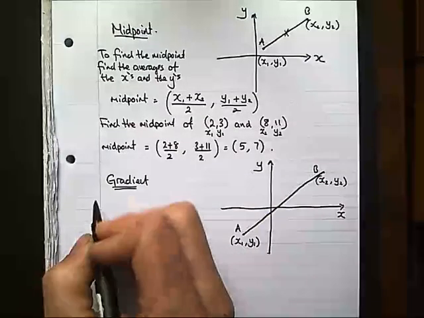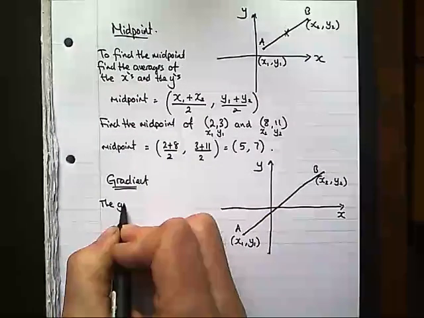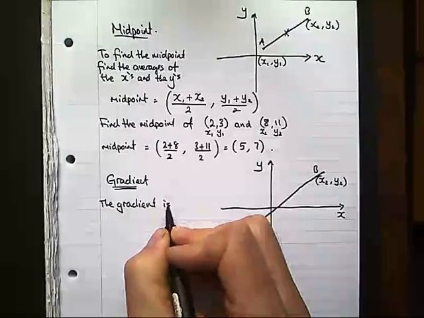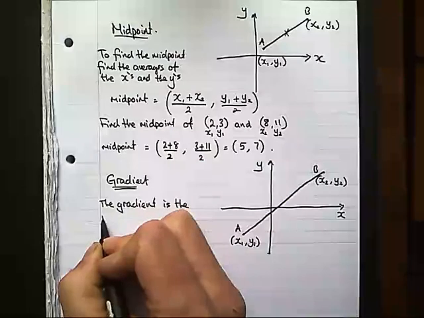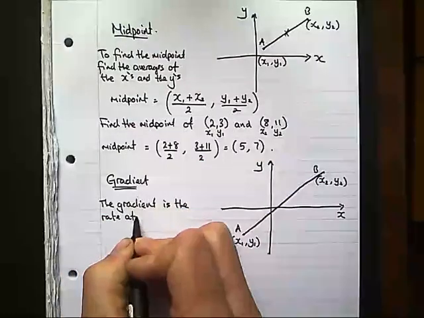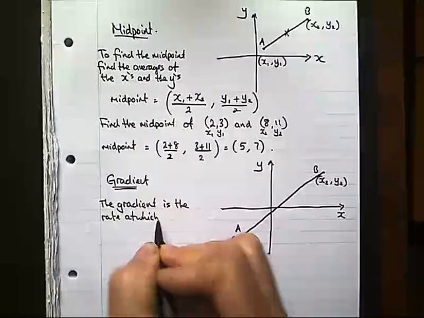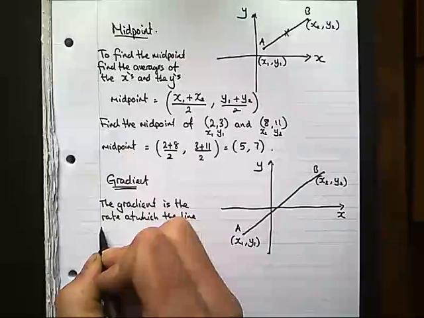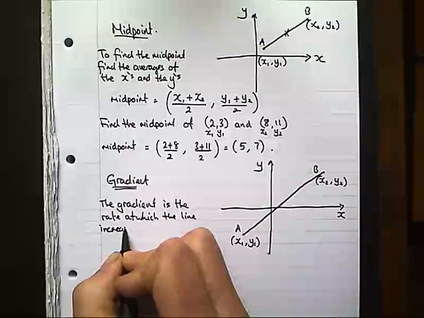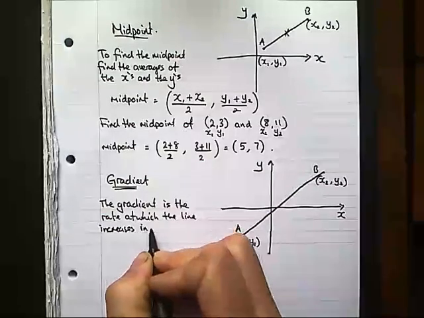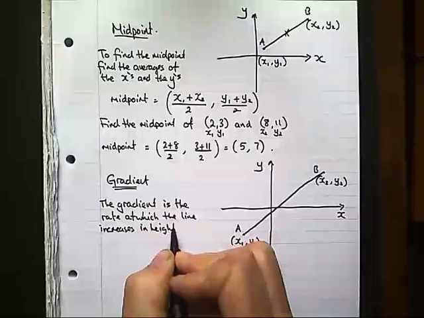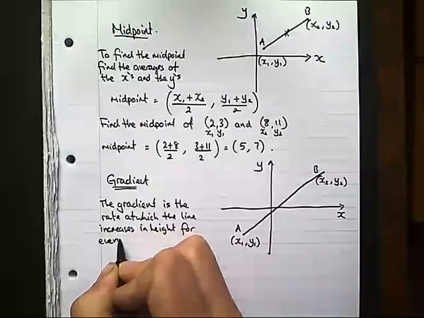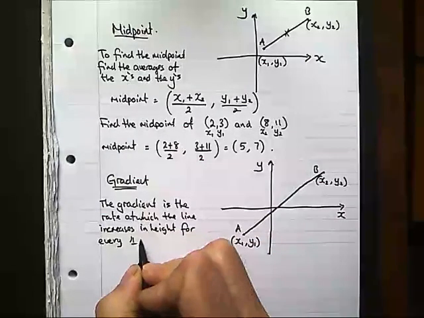The gradient is the rate at which the line increases in height for every 1 unit.